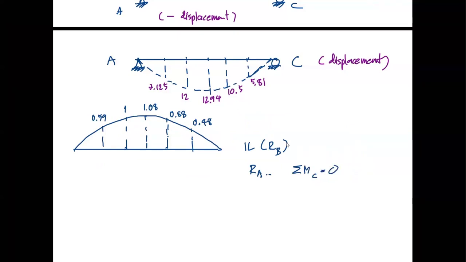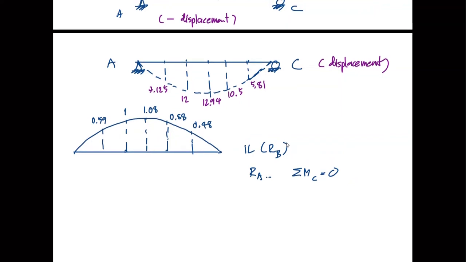Now it's a game of free body diagram. So when you take sigma Mz equal to 0, you have what your beam looks like. So let me draw it somewhere here.